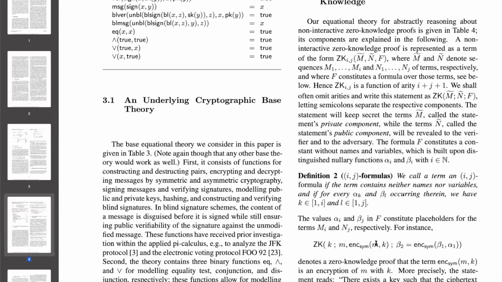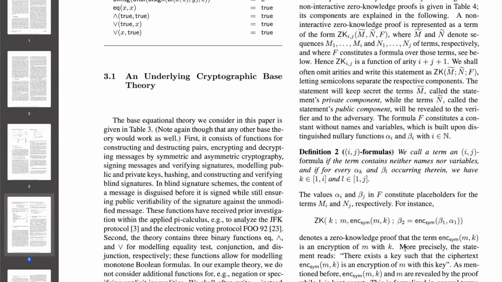Okay, and then the formula is that beta 2 is equal to the symmetric encryption of beta 1 with alpha 1. And this denotes a zero knowledge proof.